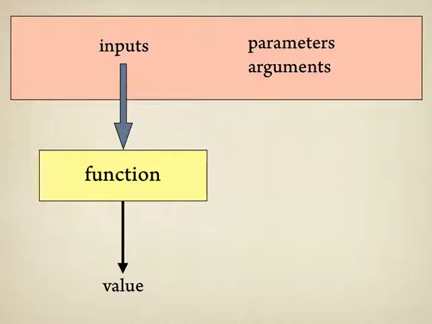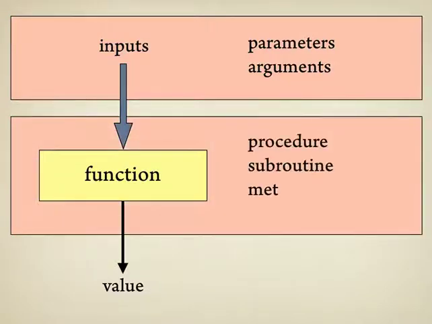Functions themselves go by lots of different names. They're called procedures, subroutines, methods, and sometimes just simply a routine. In fact, these words often have slightly different meanings technically, but for our purposes, they're synonyms, and you'll hear me refer to functions as routines or procedures pretty much interchangeably.